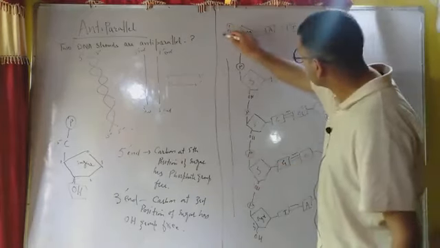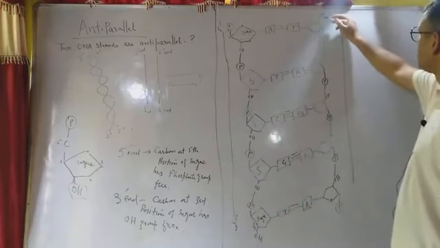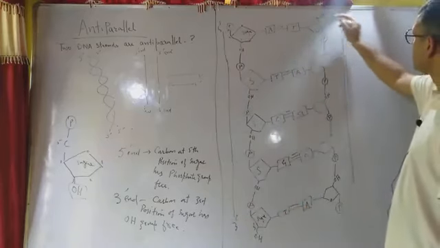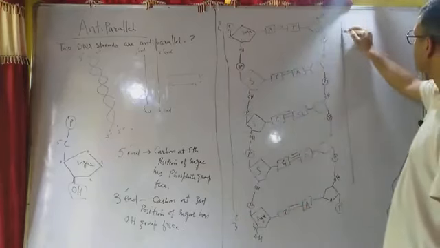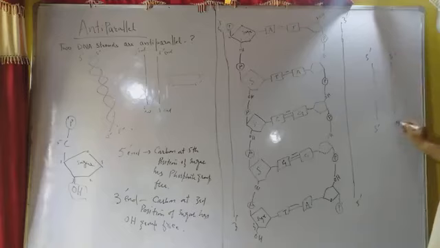This is 5 dash, this is 3 dash end, this is 3 dash end, and this is 5 dash end. So we can also represent here, this is one strand, this is 5 dash, 3 dash, and 3 dash, 5 dash.